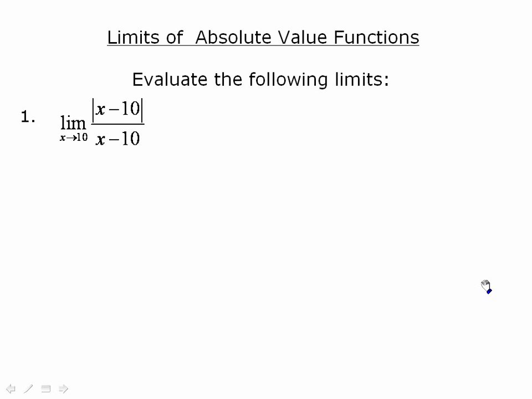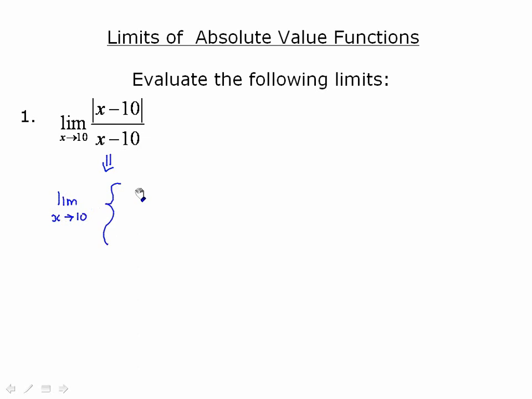And the key concept with absolute value functions is that they always split into two functions. So even though this question is given to you as an absolute value function, it breaks down into a split function looking like this. So we get the limit as x approaches 10. 10 makes sense because you can see it doesn't exist at that value.